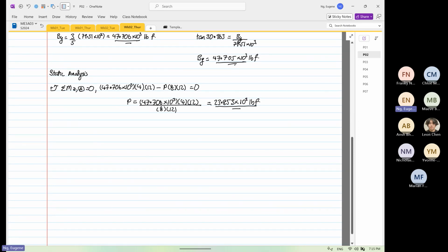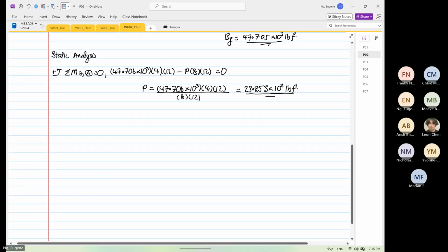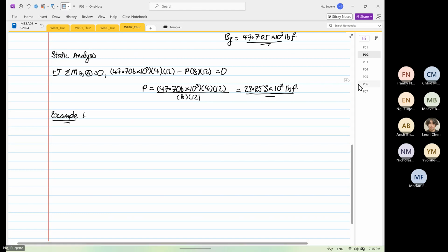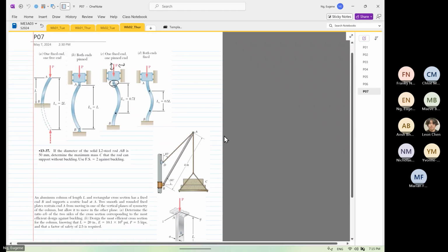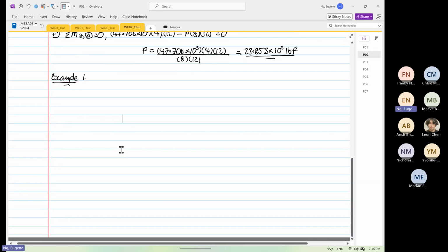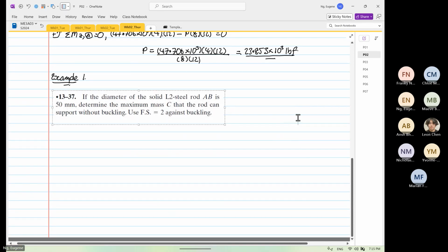So example number 1, because the other one was continued from last week. So this is a whole new problem. You can get all these images from last week's notes, okay? It's the same thing.